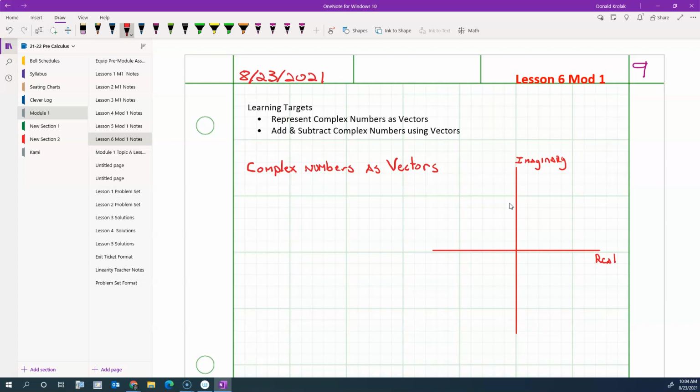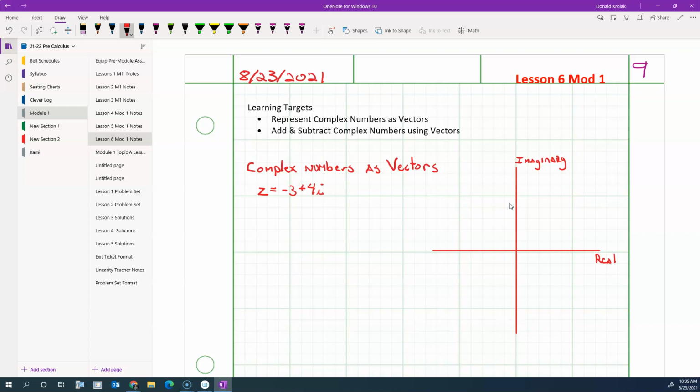Okay, so what we're going to do is we're going to take the complex number as a vector. We're going to say complex number z is negative 3 plus 4i. Now the way that we did this on Friday was we graphed the point.